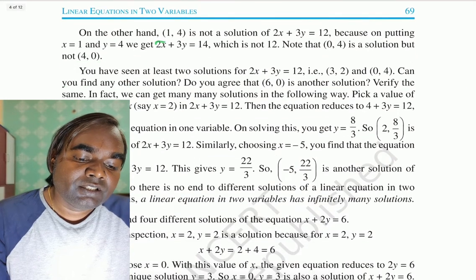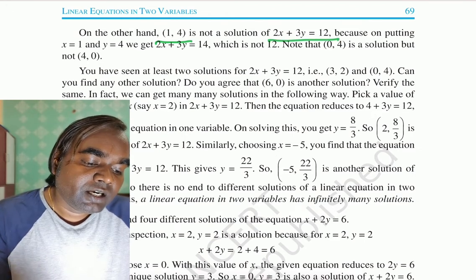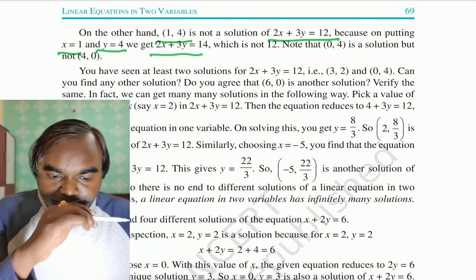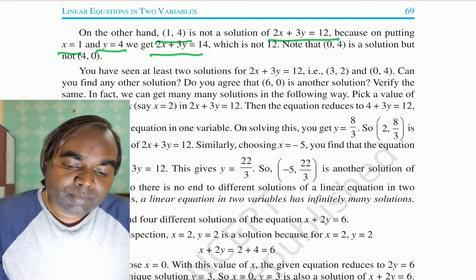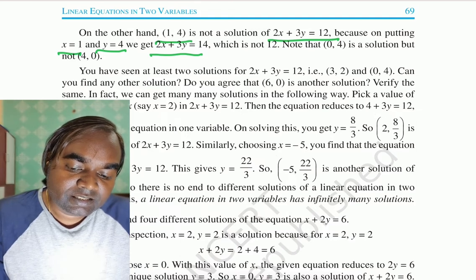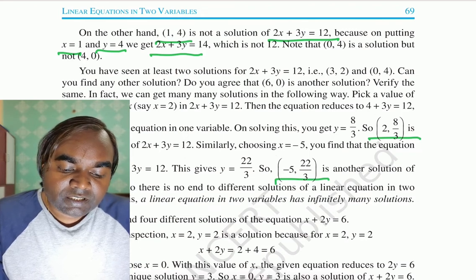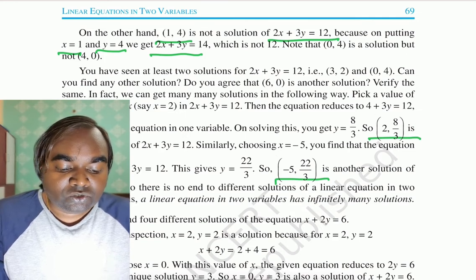Now (1, 4) is not a solution of this equation, because on putting x is equal to 1 and y is equal to 4, we get 2x plus 3y is equal to 14. That means (1, 4) is not a solution. But as I told you, other solutions are also possible. There is no end to the different solutions of a linear equation in two variables.